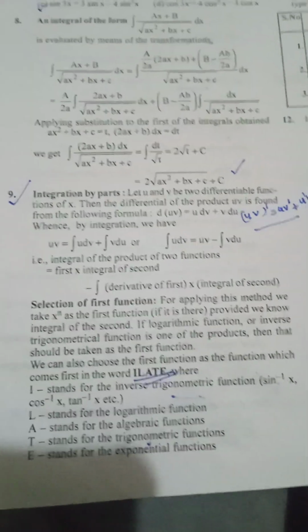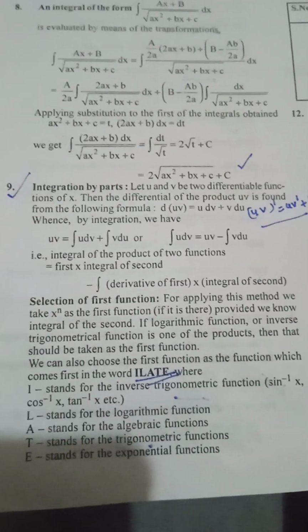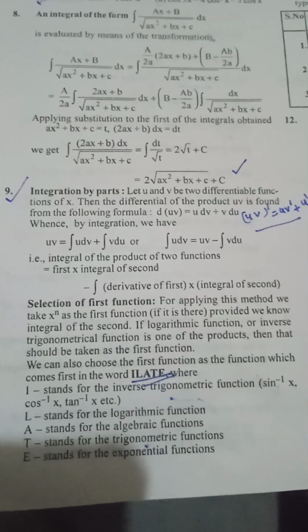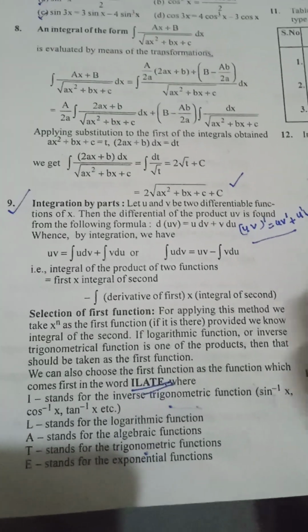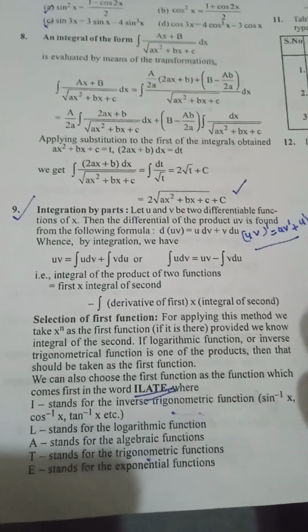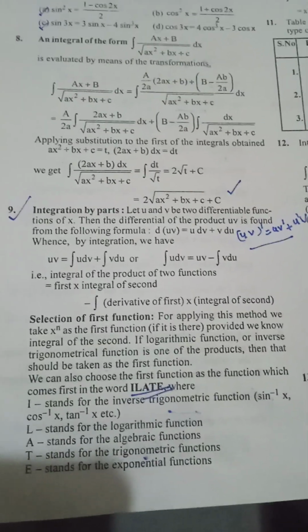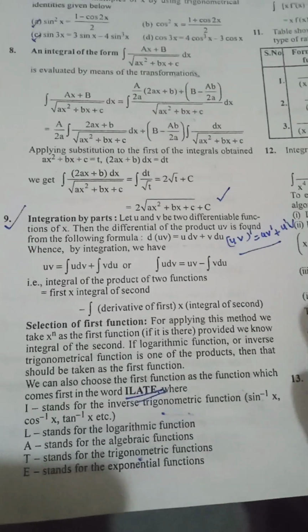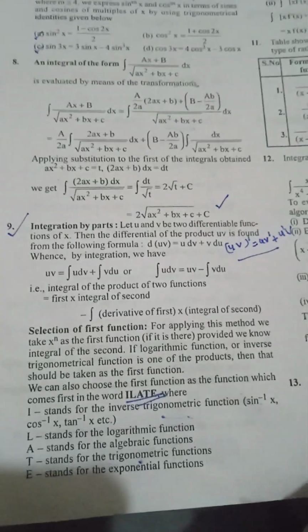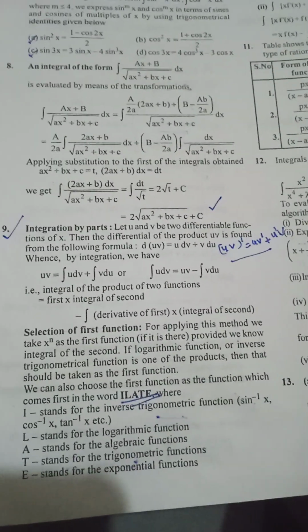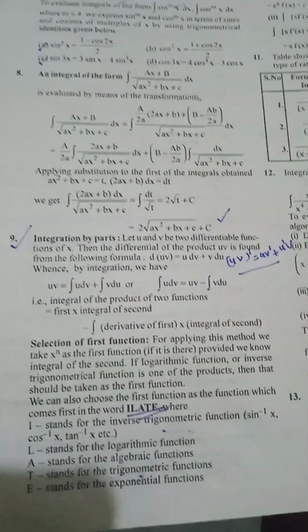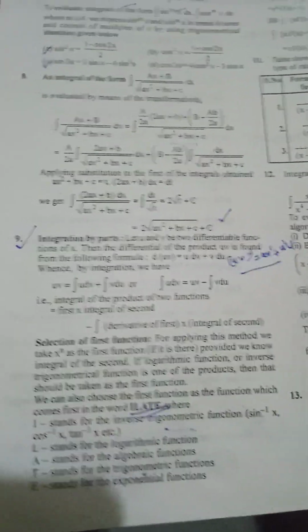I stands for inverse, L stands for logarithmic functions, A stands for algebraic, like ax plus b, such expressions, T stands for trigonometric functions, and E is obviously the exponential functions. What I am interested in discussing here is how we can use this ILATE order.